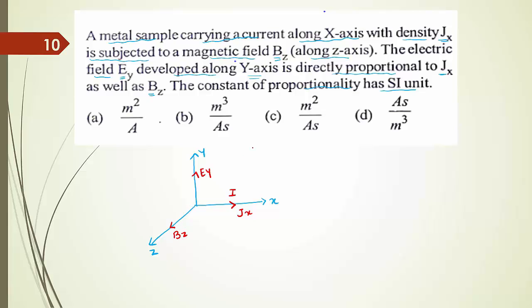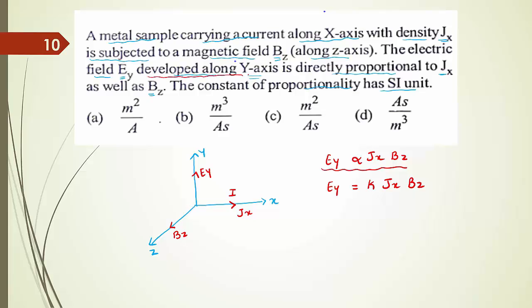So according to this question, Ey is directly proportional to two terms. Which are those? Jx and Bz. Ey is directly proportional to Jx, Bz. Or we can write Ey equal to proportionality constant K, Jx, Bz, keep as it is. So this equation I wrote according to the question. You can read here.